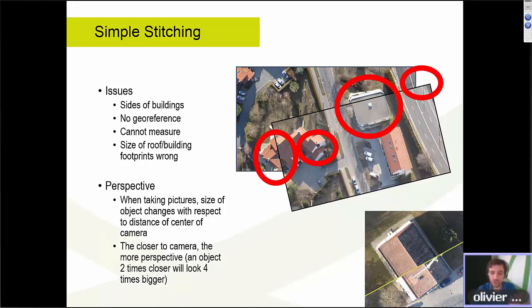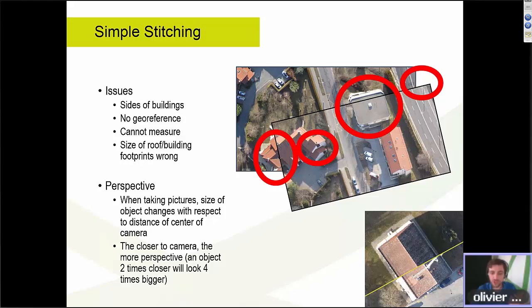Now the way to do it is, once you have taken this image, you can project it on top of a 3D model that you either computed another way or have by other means, but you need to project your image taken from the camera on a 3D model.